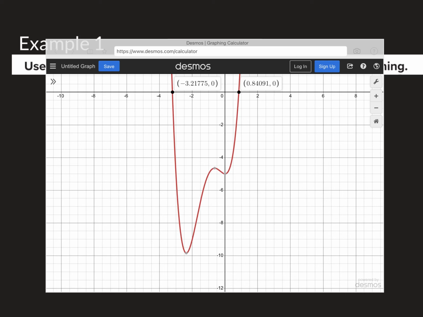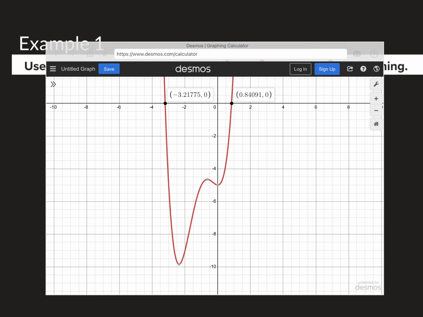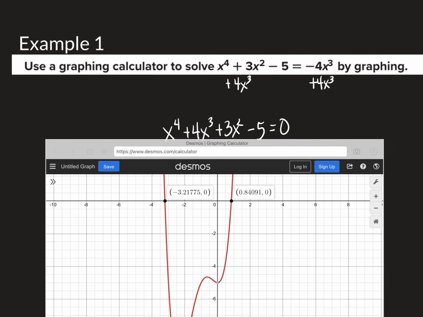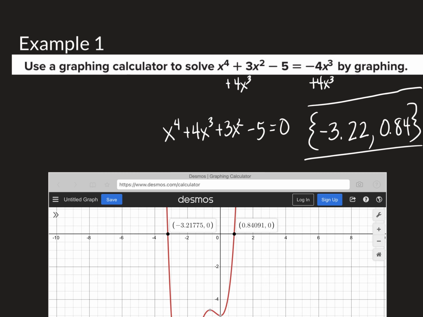So my solutions are negative 3.22, comma, 0.84. Those are the solutions to that first example.